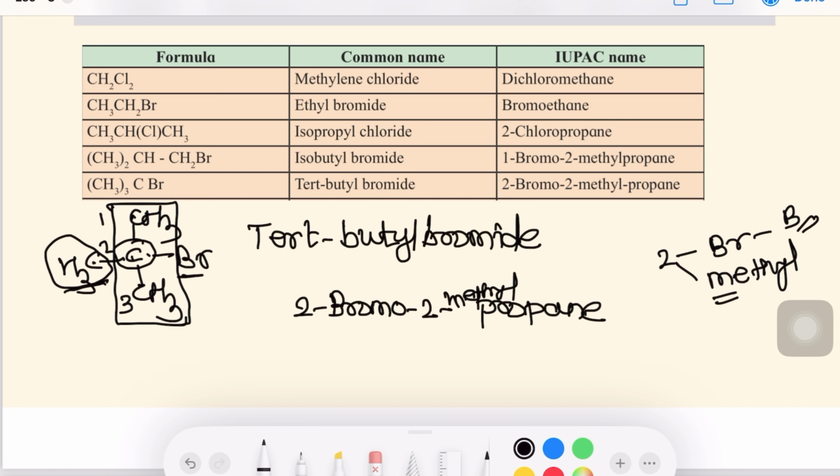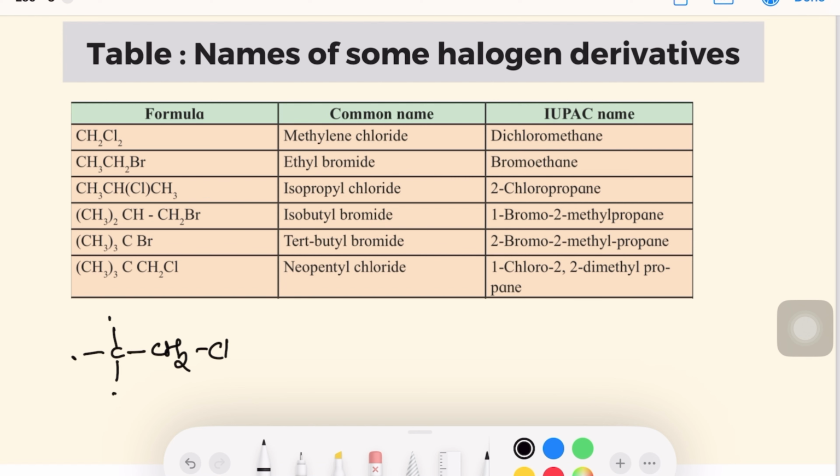(CH3)3C-CH2Cl. This is called neopentyl chloride. That means this carbon atom contains 3 CH3 groups to which CH2Cl is attached. This is methyl group, methyl group, methyl group. Okay, neopentyl. Why is this structure called neopentyl?